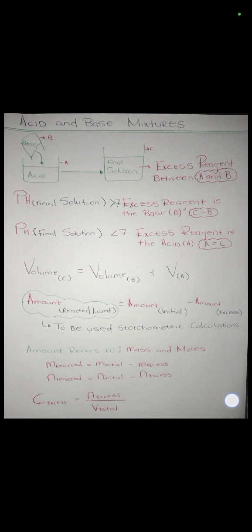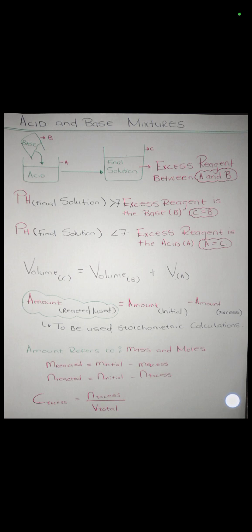Now this amount that I've circled here is the one that can be used in stoichiometric calculations when you're doing the mole ratio calculations, when you're comparing the two substances, okay? So we don't normally use the initial amount or the excess amount unless they were reacted as well.